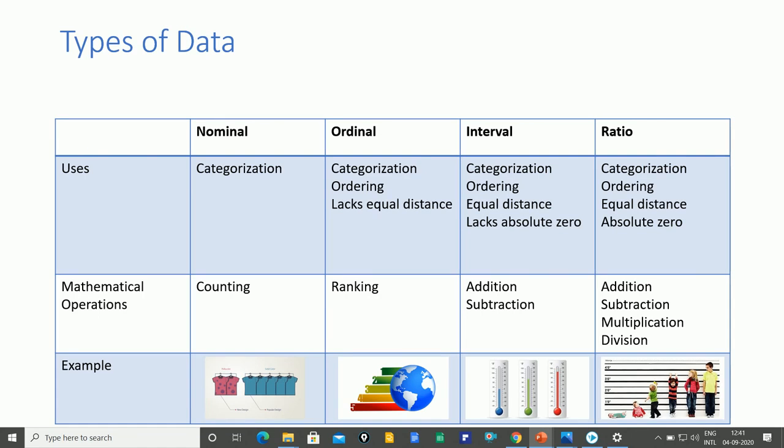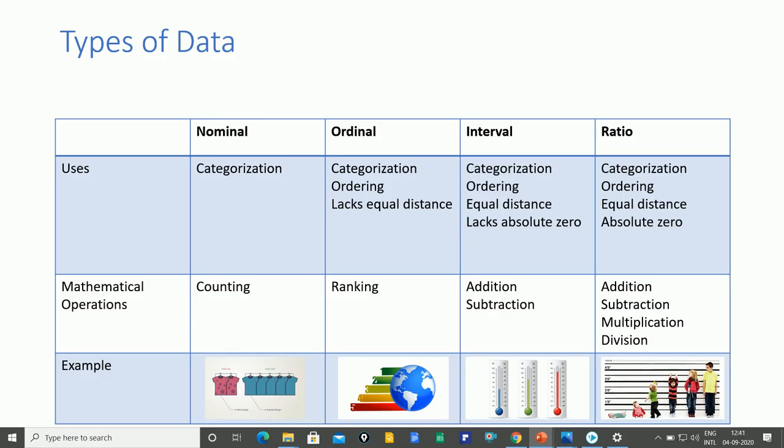So here these numbers 1, 2, 3, 4 and 5 represent respectively poor, fair, average, good and excellent. So we can see as we move from poor to excellent, the rating increases. So it has got a specific order. But this type of scale lacks equal distance because the difference between fair and poor and the difference between average and fair may not be equal.